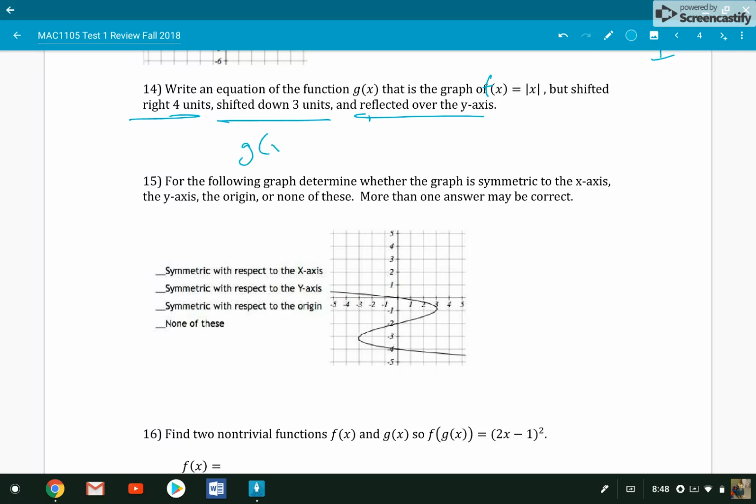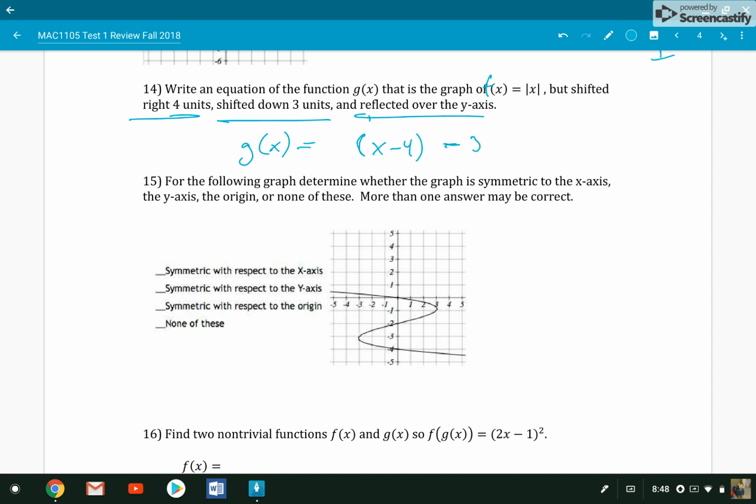So g of x is equal to, if I want to shift something to the right 4 units, left or right is inside the parentheses. So I'm looking inside my parentheses. x minus 4, right? I would pull that as a positive 4, so that would shift it to the right 4. Shifted down 3 units, up and down is outside the parentheses, so a minus 3 outside.